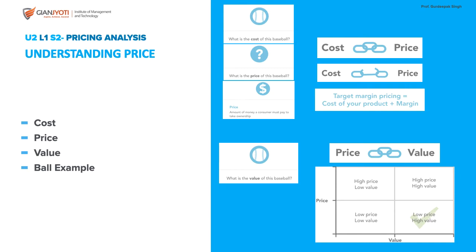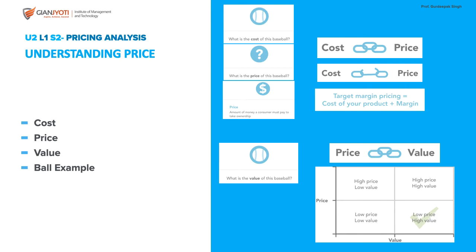But when it is low price and low value, they may or may not buy. So there will be a question mark here. They will be thinking. When it is high price and high value, which falls into the premium segment, there will be takers, few takers, but since high price, good for them.